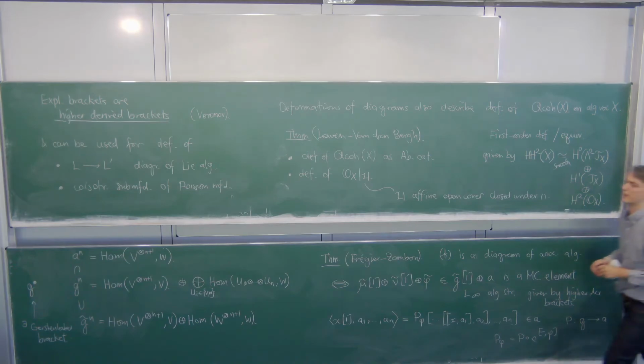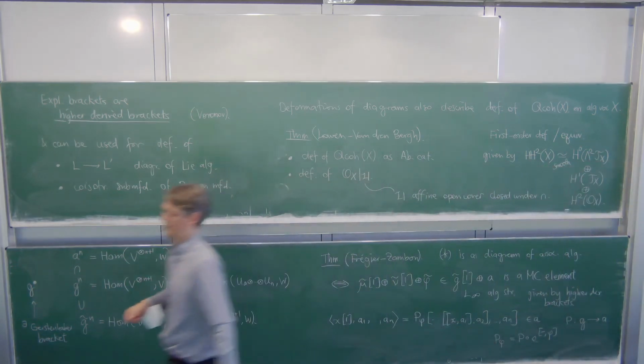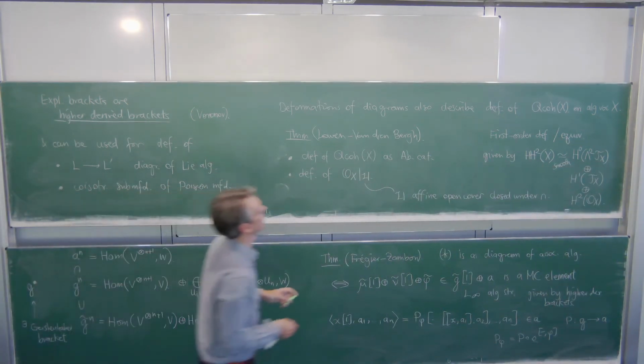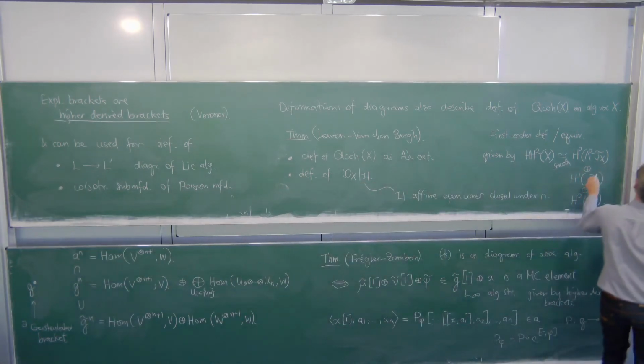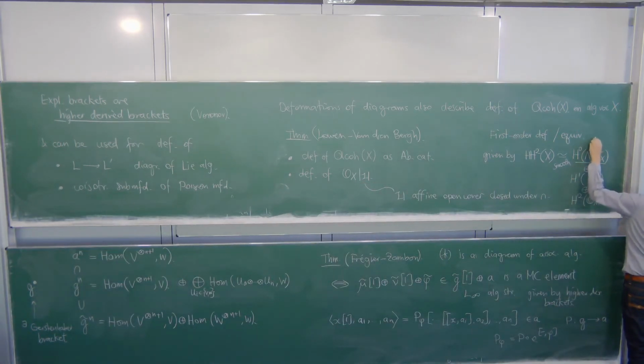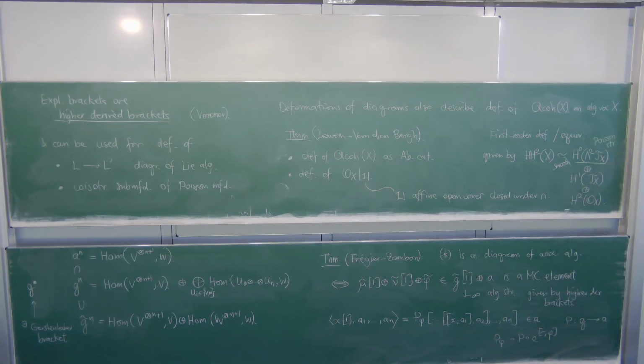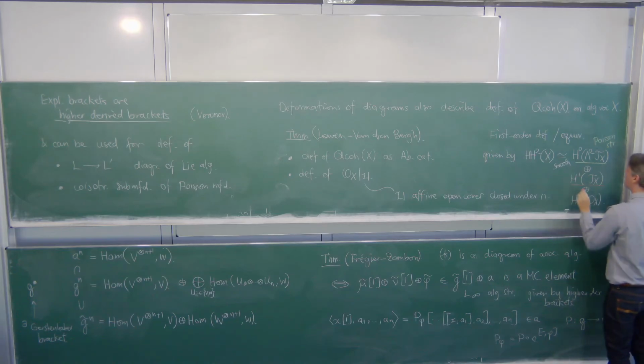And the first term there, these will correspond to algebraic Poisson structures. And the second term to classical algebraic deformations, or geometric deformations of X.